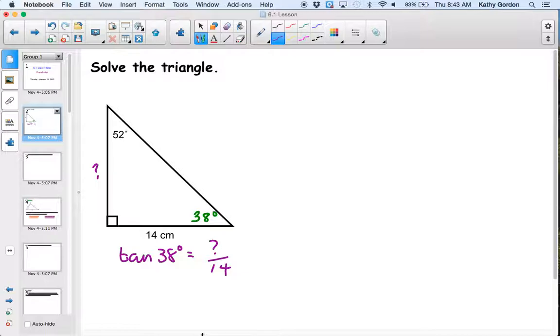So because we have a right triangle that we're trying to solve, we can use right triangle trigonometry to find missing pieces. So if we take the tangent of 38 and multiply it by 14, then what do we get for this side? Make sure you're in degree mode.